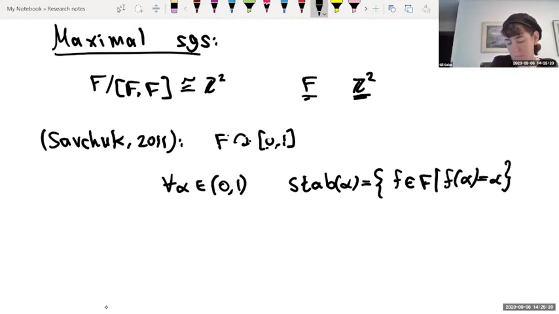And Savchuk proved that this is going to be a maximal subgroup of F. So this is a maximal subgroup of infinite index.